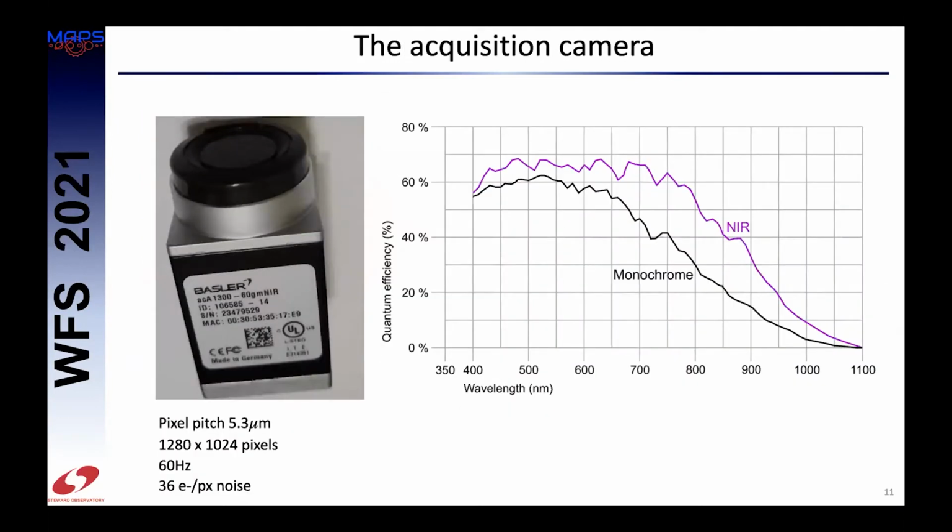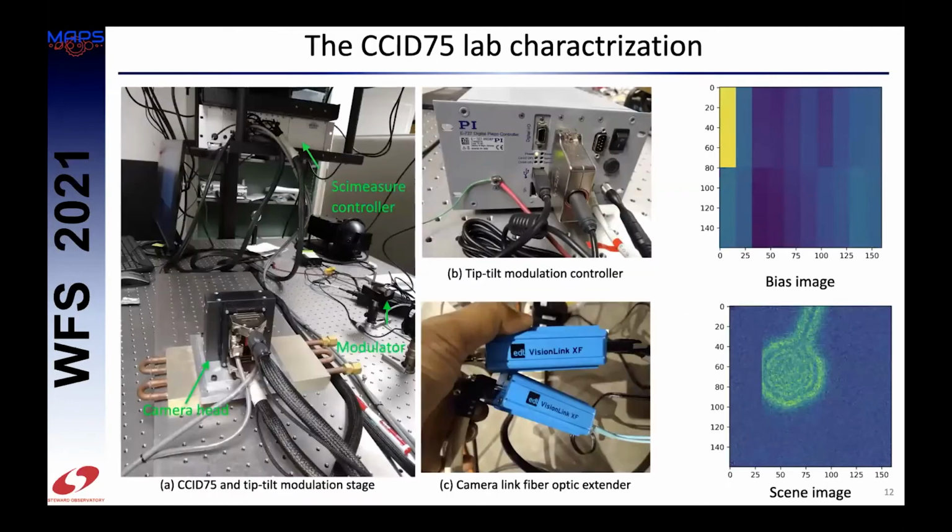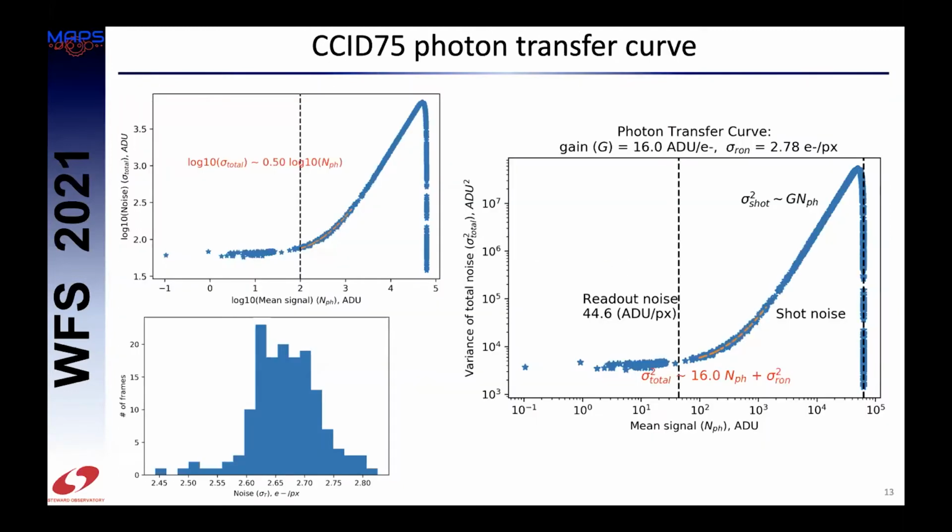This is an acquisition camera, which is nothing fancy, but it allows us to acquire the star on the wavefront sensor cameras. We characterized the camera and modulation system with a simple setup to test their individual performance, and they meet our specifications.